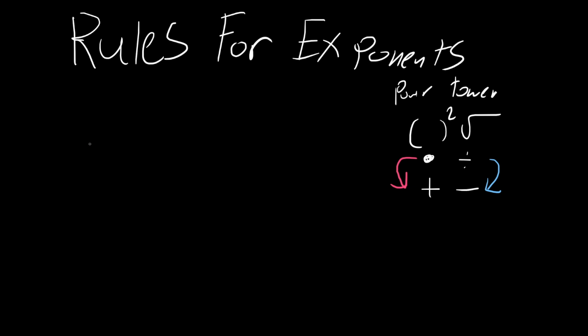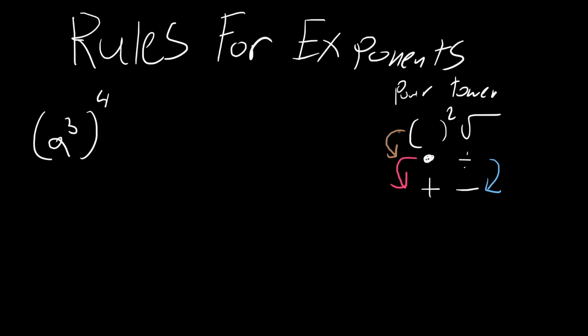Now, let's get some more examples going. What if I have something like a to the third to the fourth power? I have this exponent. What am I going to do? Well, all I'm going to do is go back to my power tower and reference this and say, what happens if I have exponents? Well, as I can see here, I can step one layer down, and I'm going to multiply those together, right?